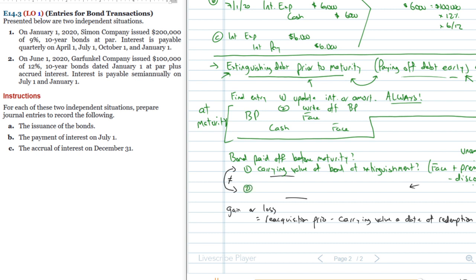The second thing we have to determine is what is the reacquisition price. So do we pay back, do we buy off the bonds at face, which we would say at 100, or do we buy them back at 99 or 98?